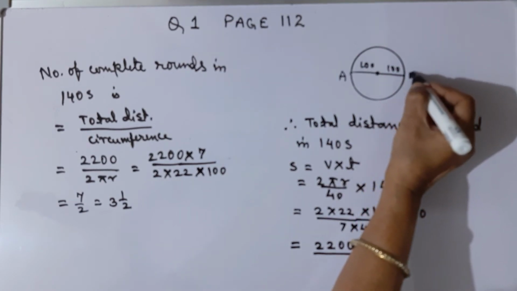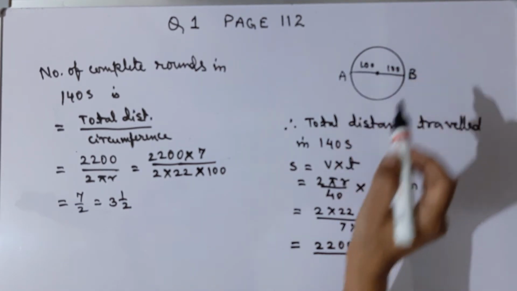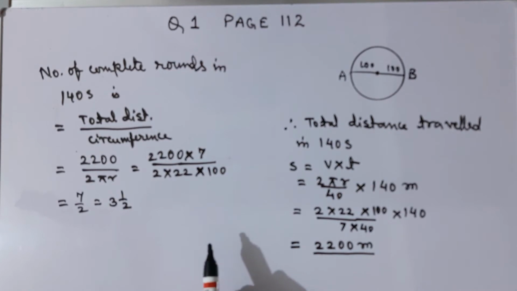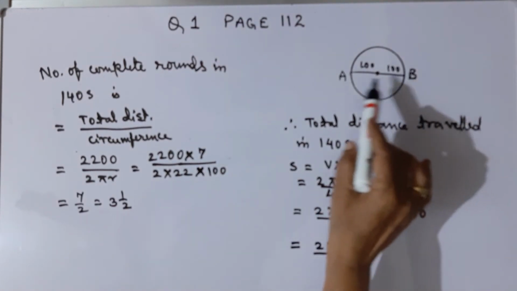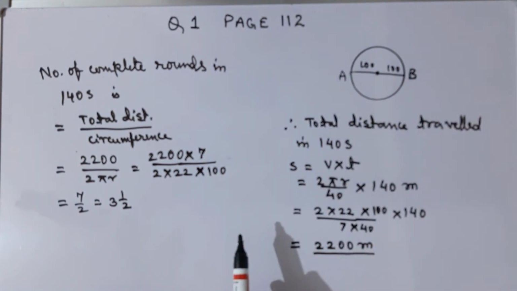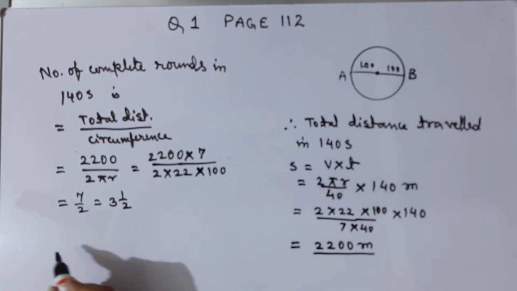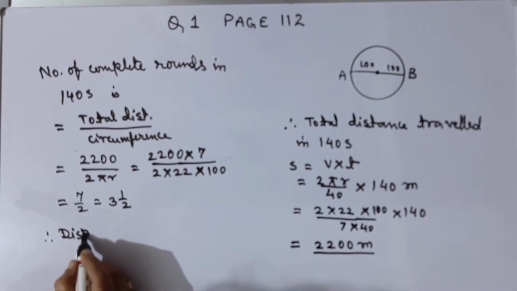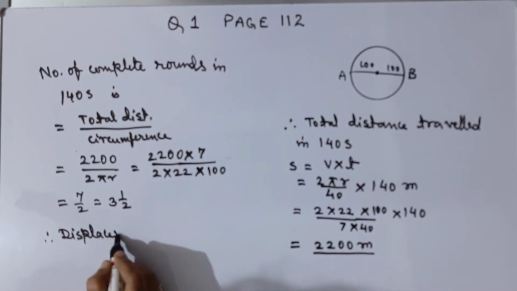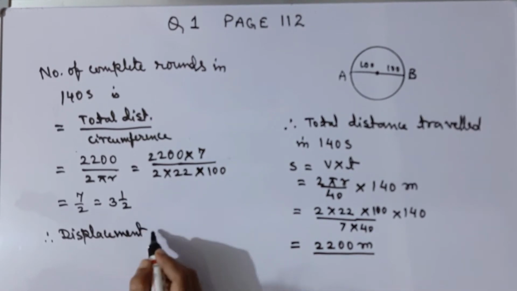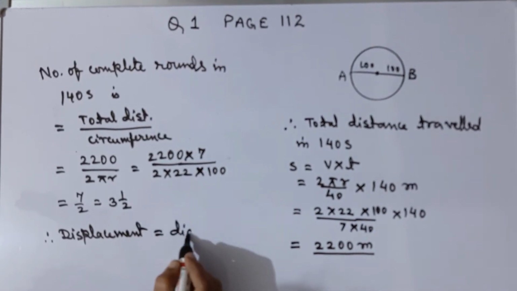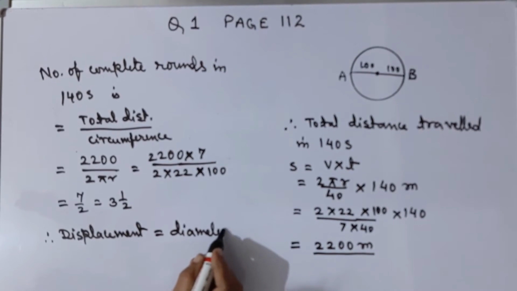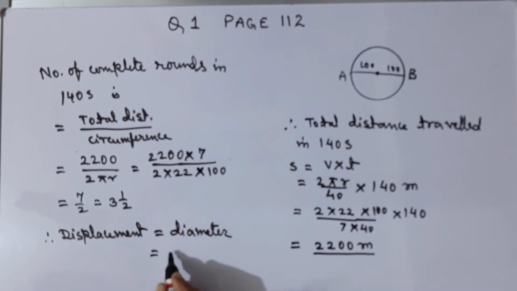So let us say this is point B. So the displacement of the athlete will be the difference between the final position and the initial position, that is AB or diameter. Therefore, displacement is equal to diameter of the circular path, that is 200 meter.